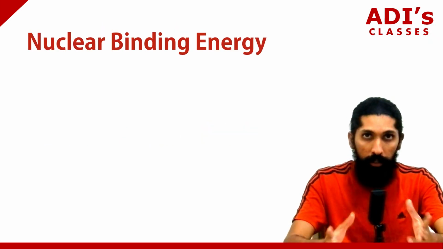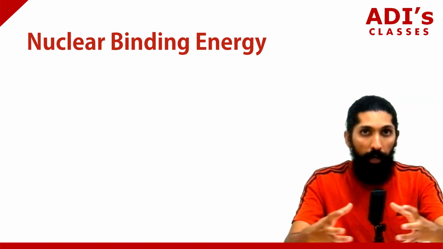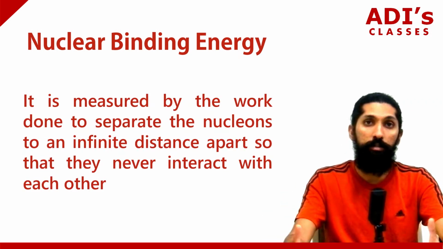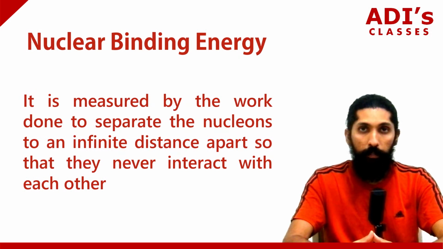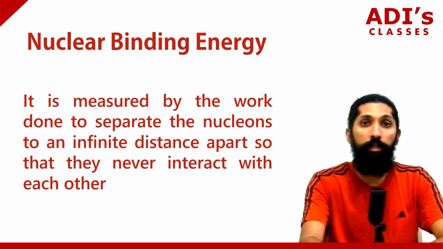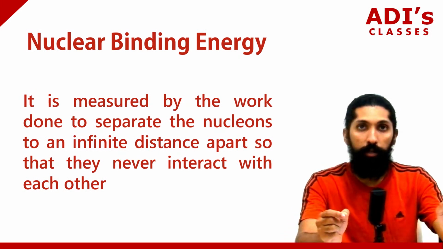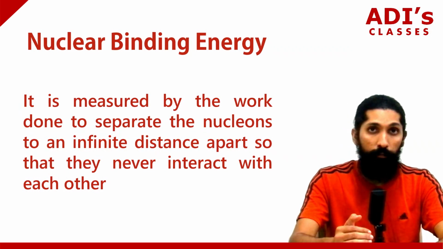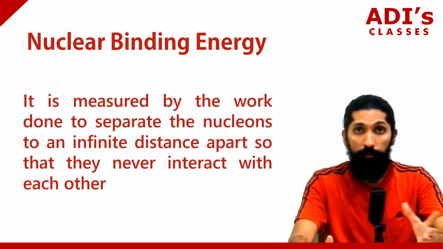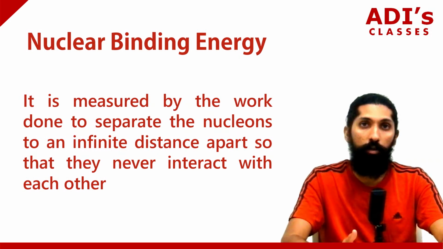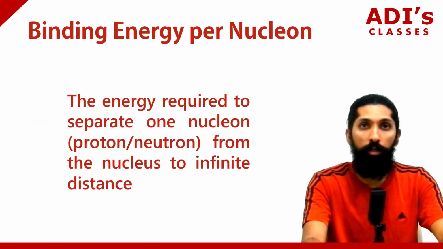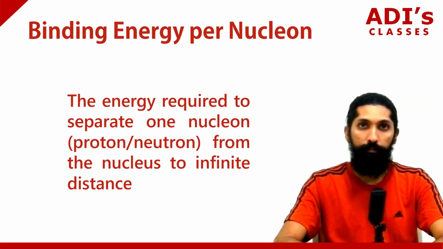The nucleus binds by itself, correct? How much energy do we need to split that apart? That is the binding energy, correct? And the most important part of this is binding energy per nucleon. How much energy do we need to separate one nucleon, correct?